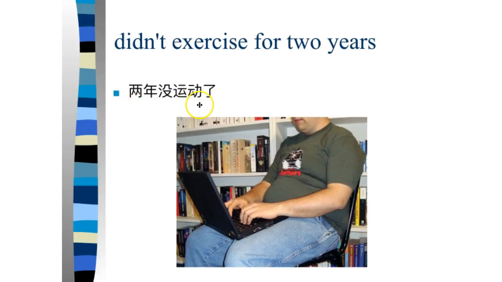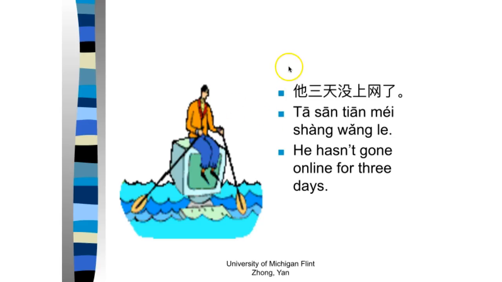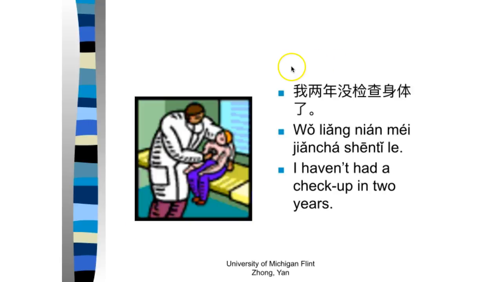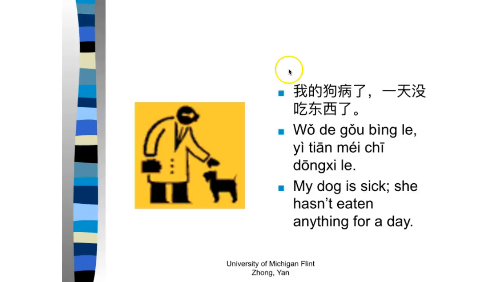2年没运动了。他3天没上网了。He hasn't gone online for 3 days. 我2年没检查身体了。I haven't had a checkup in 2 years. 我的狗病了，1天没吃东西了。My dog is sick.